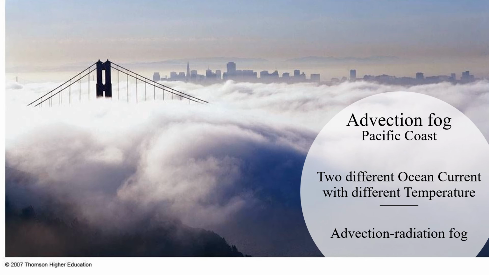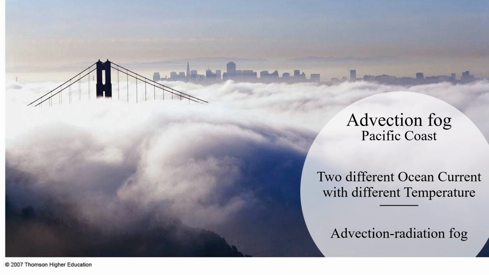So fog that forms in this manner is sometimes called advection radiation fog, because here the earth's radiational cooling is involved and also the fog is transported horizontally from one place to another.